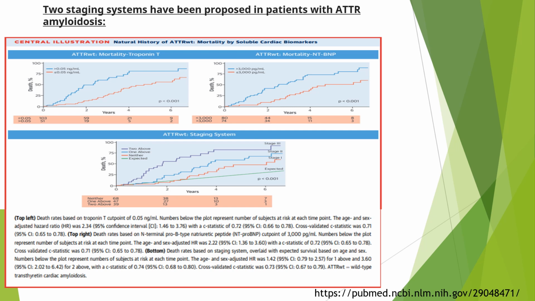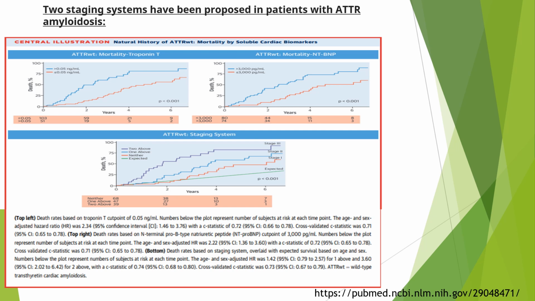There have been 2 staging systems proposed in patients with ATTR amyloidosis in order to assess the prognosis. As you can see in front of you, there are 3 graphs. The top left one shows the mortality linked with the cardiac troponin T levels, and the top right graph shows the mortality rate linked with the BNP levels. The bottom graph shows the death percentage on the y-axis, linked with the staging.